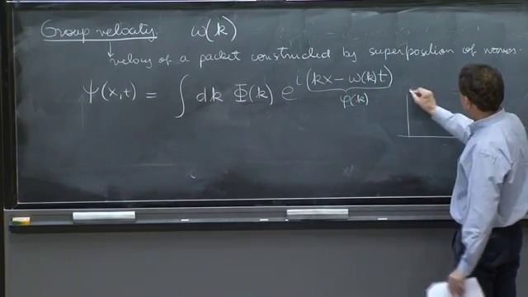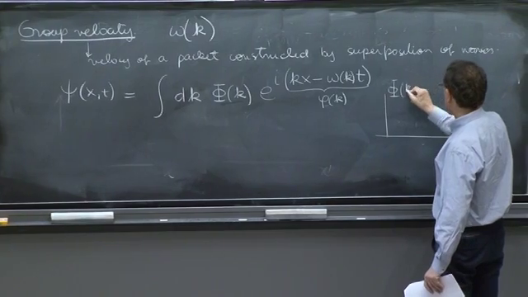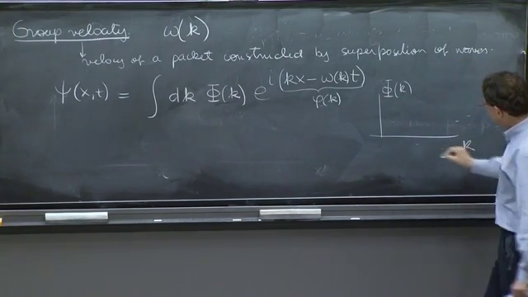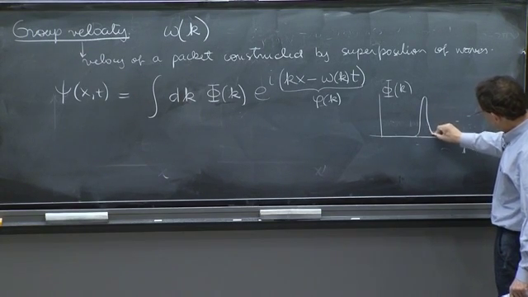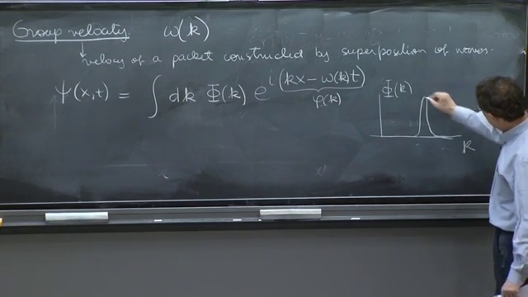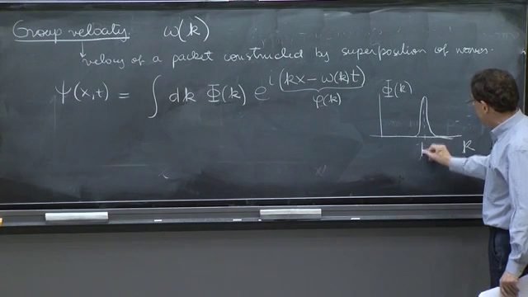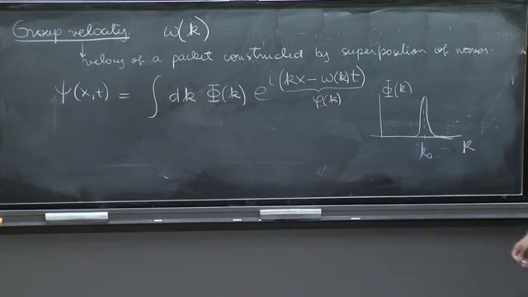So phi of k as a function of k is 0 almost everywhere except a little bump around some value that we'll call k naught. Narrow peak.